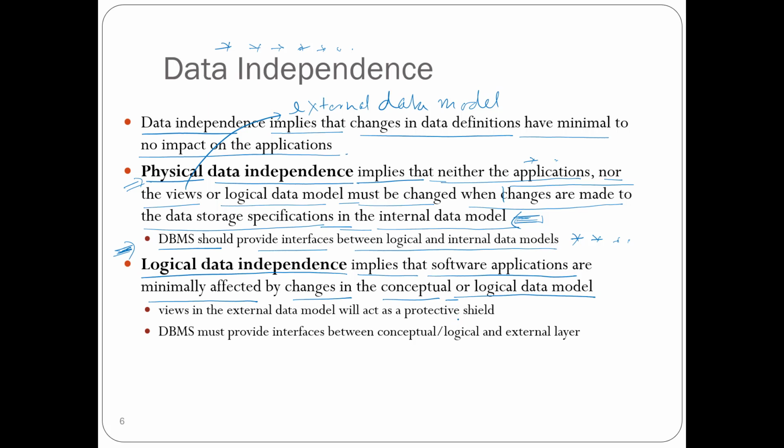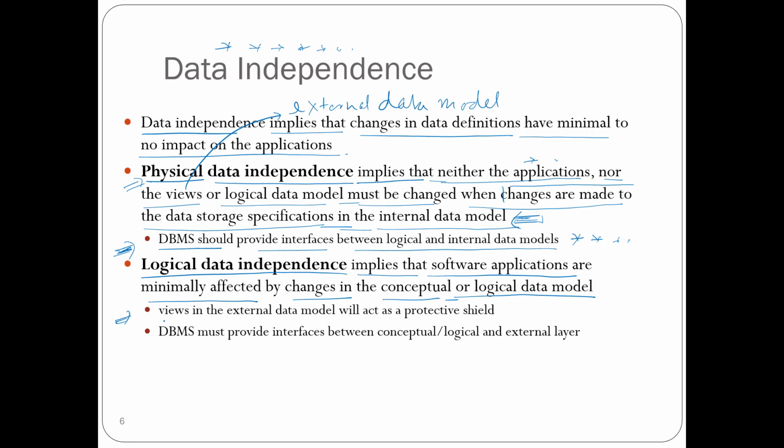Those changes should not impact the database application, the views, or the conceptual model. We've seen that. Now, logical data independence means that the software application, or the database application, should be minimally affected if the changes are made at the conceptual or the logical data model. Okay, which is again a flexibility. And now how can that be achieved?